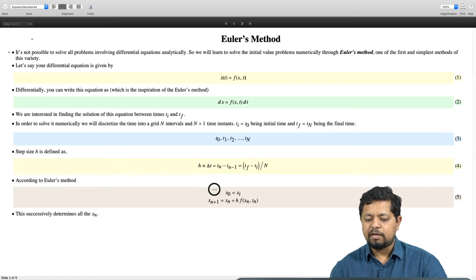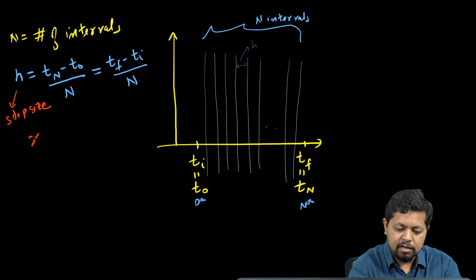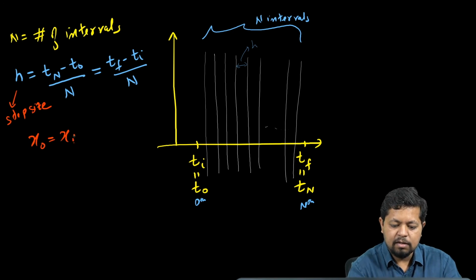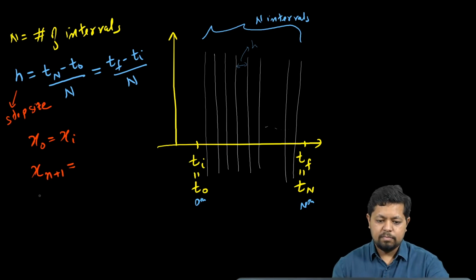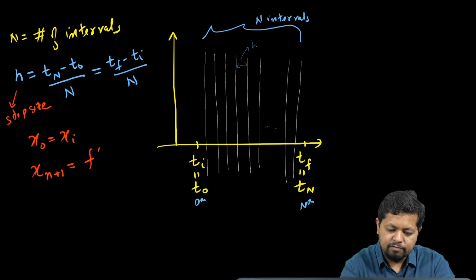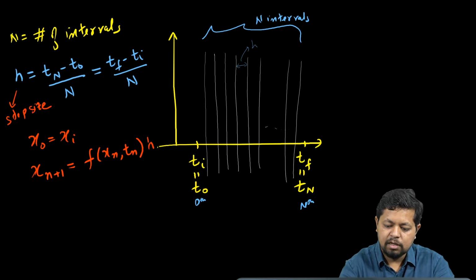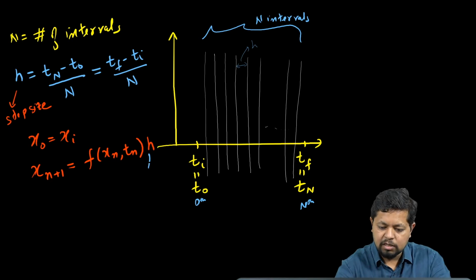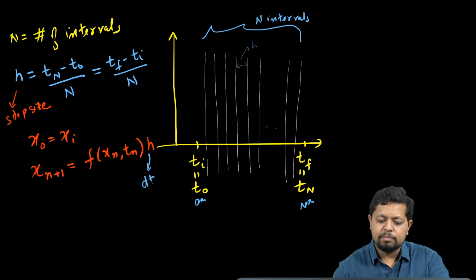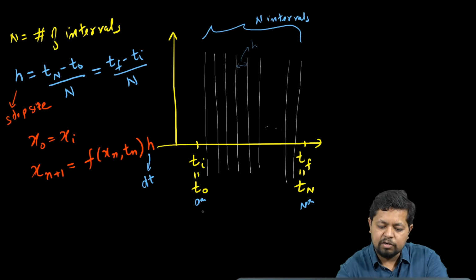Once I've calculated my h like this, I can go ahead and write x0 as xi, and after that any xn plus 1 is simply calculated as f of xn comma tn times h. h is nothing but dt, or the step size, and I've evaluated the function at its previous value, at the previous point.